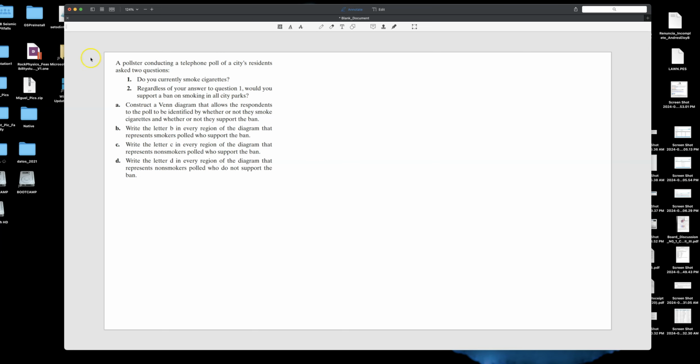A pollster conducting a telephone poll of city residents asks two questions. The first one: do you currently smoke cigarettes? And the second one: regardless of your answer to question one, will you support a ban on smoking in all city parks? So this is basically the statement of the survey.